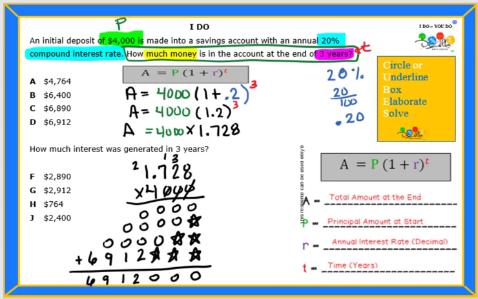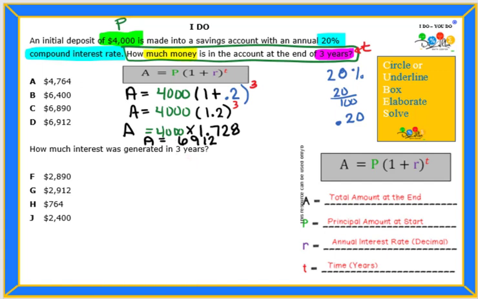But we got to count our decimal places. And we have 1, 2, 3 numbers behind a decimal. So my decimal is going to go right there. So the amount at the end is equal to $6,912. You don't need to put the zeros at the end, but if you want to, you can put 0.00. It's up to you.